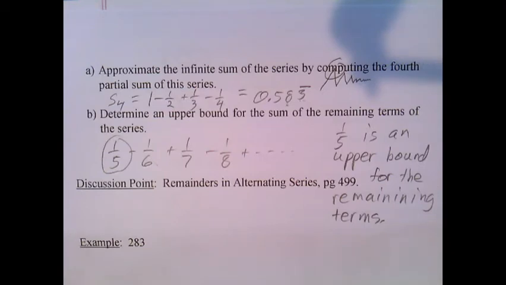Anytime I make an approximation of the sum of a convergent alternating series using a finite number of terms, assuming that it's the type of alternating series that we've been applying the alternating series test to, i.e. the kind where the terms are decreasing and going to 0, then I can say that my error from approximating with 4 terms or n terms, it doesn't matter, is no more than the absolute value of the next term. And that's going to give us our last theorem on page 499.